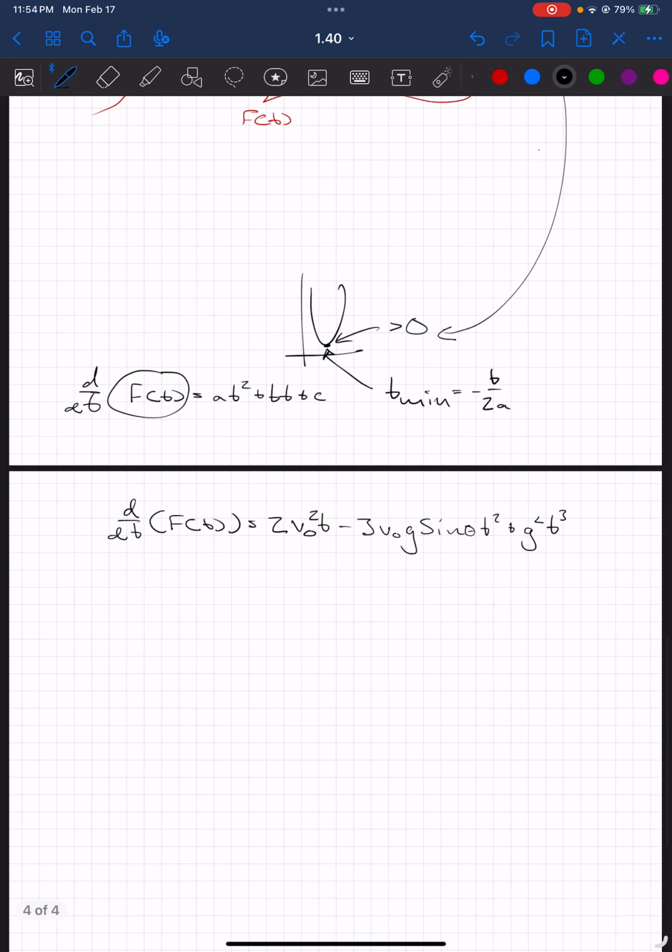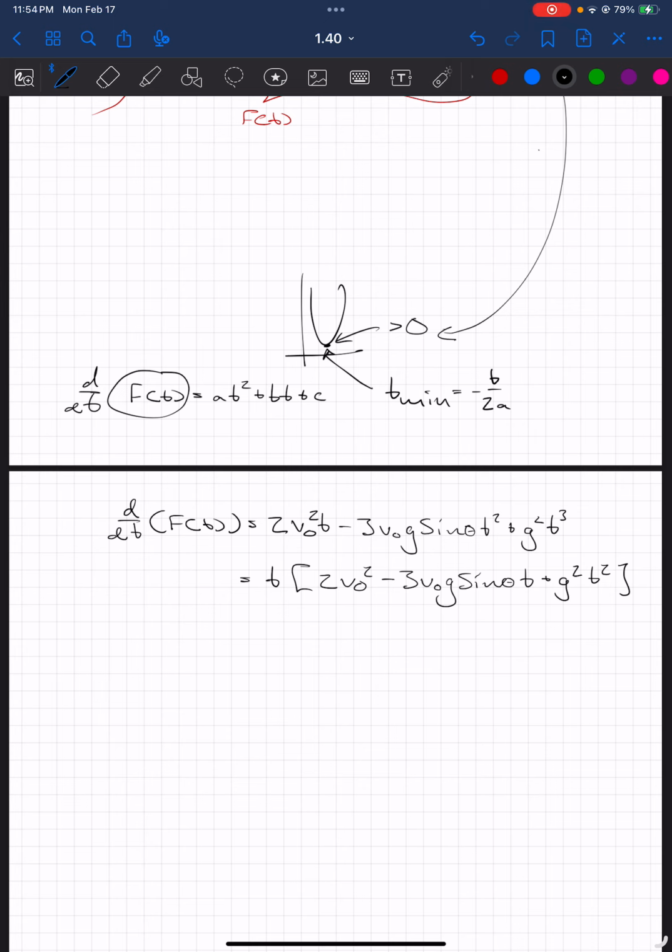From here, we can pull out t to get our a, b, and c values. So if we pull out t here, we get 2 v naught squared minus 3 v naught g sine theta times t plus g squared t squared.